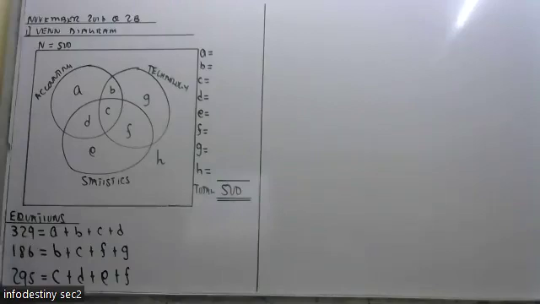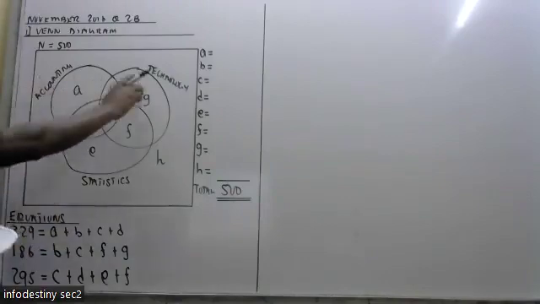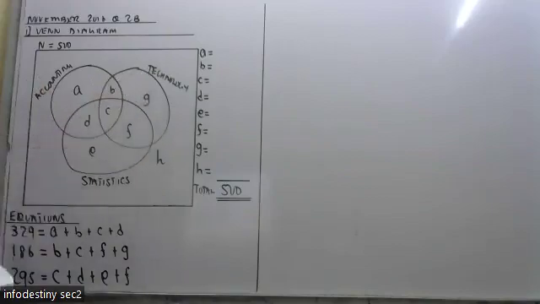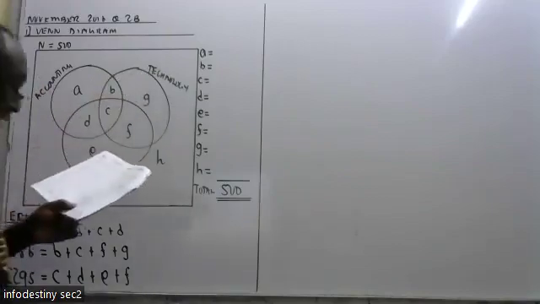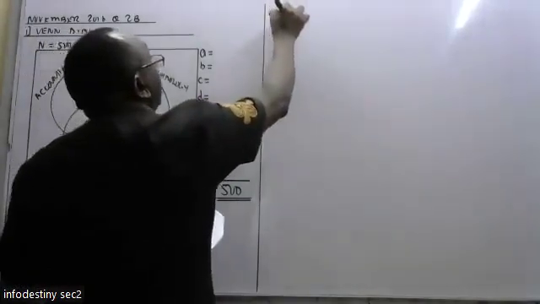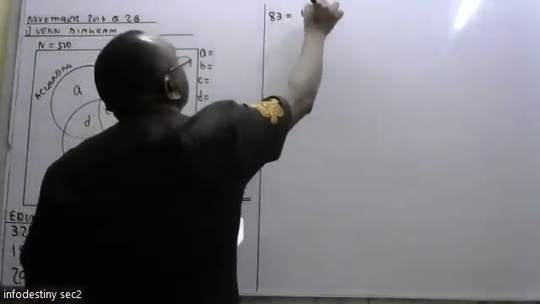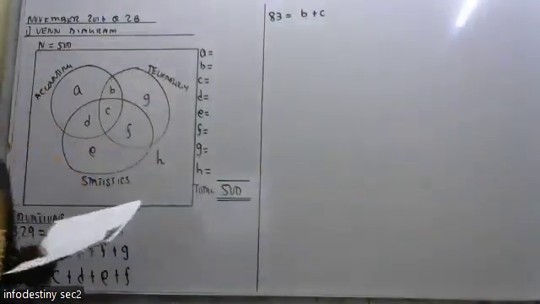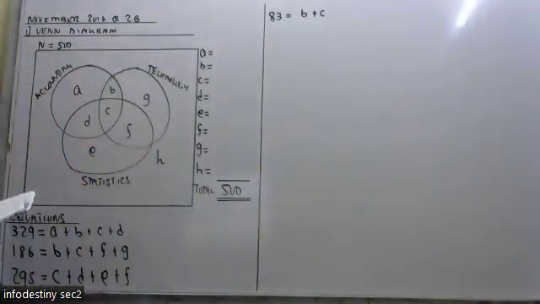83 were enrolled for accounting and information technology. So accounting and technology, where they meet is B and C, that is 83. 83 is B plus C. I have 217 were enrolled for accounting and statistics.